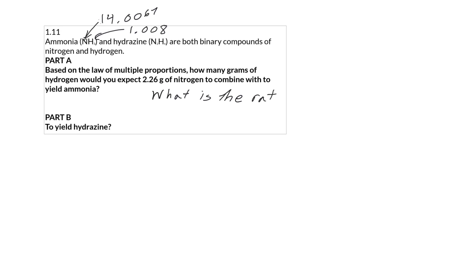So we're going to ask ourselves, what is the ratio of, actually, we're going to go hydrogen to nitrogen. Make our math a little bit easier in the long run. What is the ratio of hydrogen to nitrogen in ammonia?